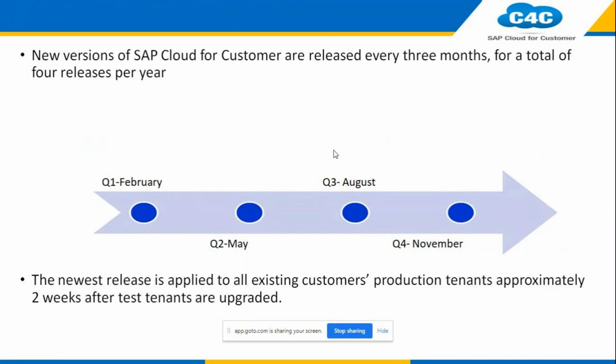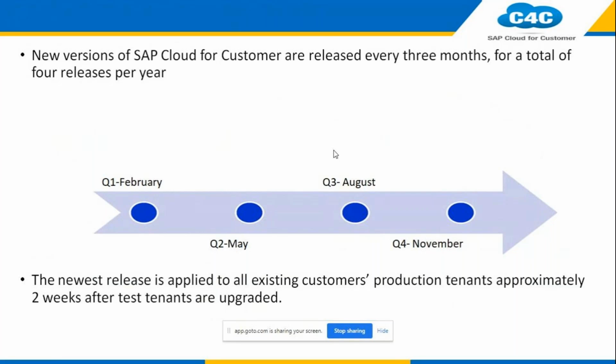Now what happens if there is a go-live date planned, or a specific activity like SIT planned, and an upgrade happens at that point of time? What needs to be done? Remember, when there is an upgrade, first the test tenant gets upgraded, and only then the production tenant.